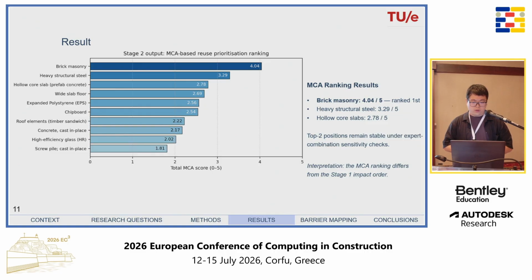After applying the multi-criteria analysis, brick masonry ranks first with a score of 4.04, so ranked first among the whole 10, and steel structure still ranks second.